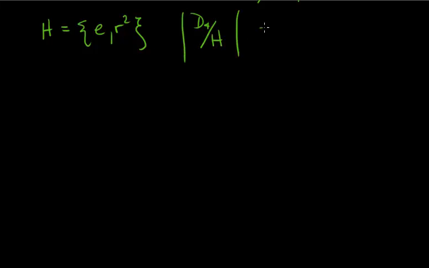And the one of index 4, well, just a sec. The center of the group, let's just call it H so I can use something other than this, {E, R squared}. We know the index is 4. In other words, the order of D4 mod H is 4. So it could be isomorphic to, we know there's 2 groups of order 4.